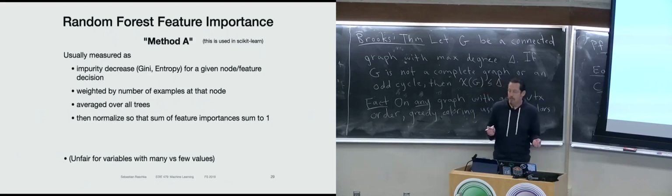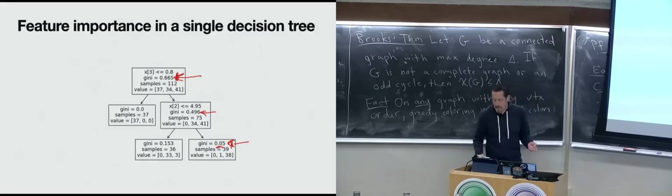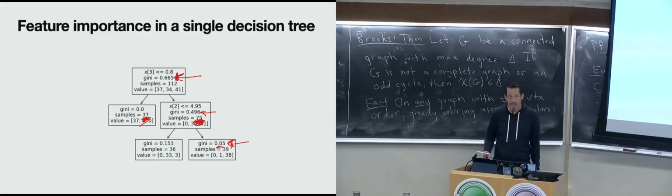So we average over all the trees, and importantly, we weight by the number of examples, right? So this one has 75 samples on it. This one's only got 37. So this one is more important for determining the overall importance across the data set.